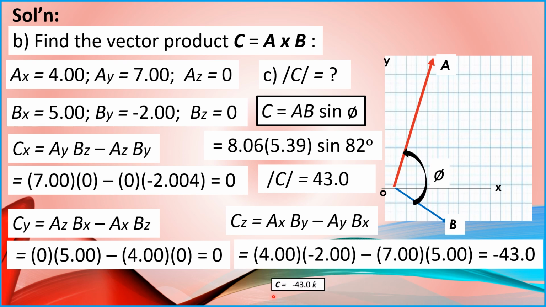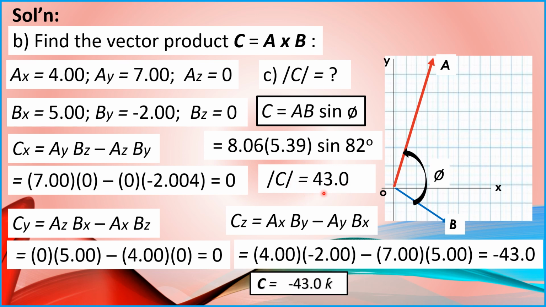So our answer using the component method tells us that the magnitude of the vector product is 43.0 units, and its direction is towards the negative z-axis. Using the formula and applying the right hand rule, we also have the same result.